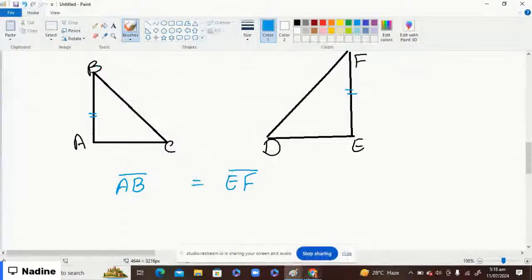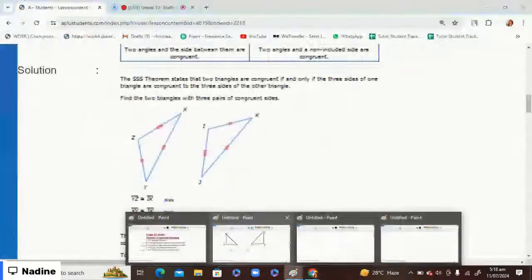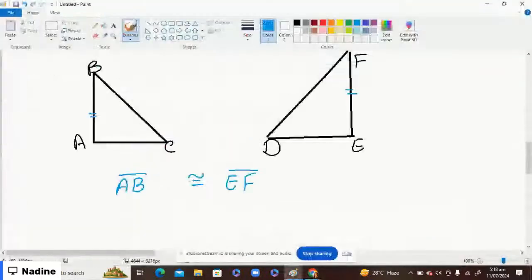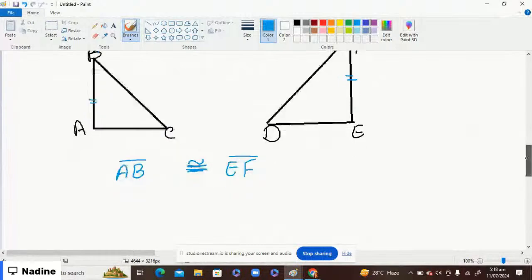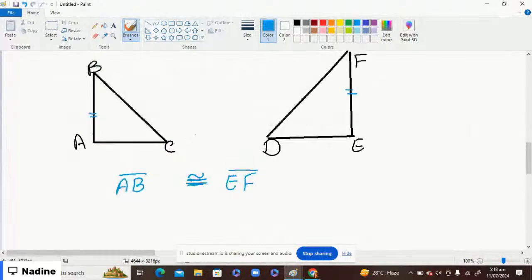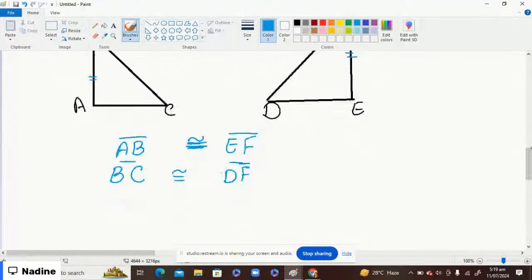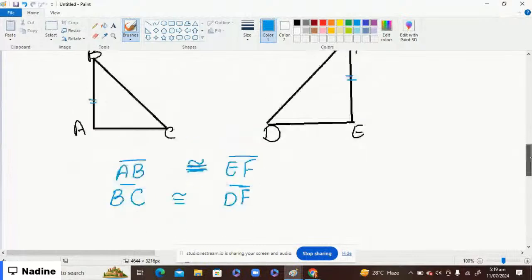This is the equal sign, and they are putting the congruent sign, which is two lines with a curve on top. This is the sign of congruent. Now for the very next, BC is congruent to DF. Got it? And for the last, line AC is congruent to DE.